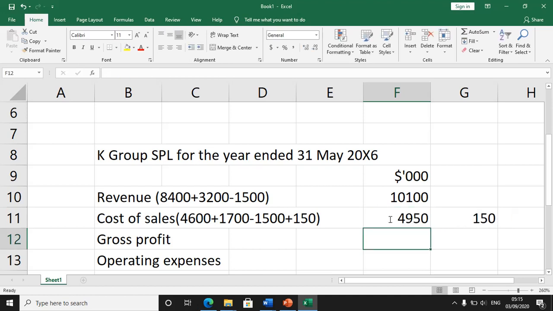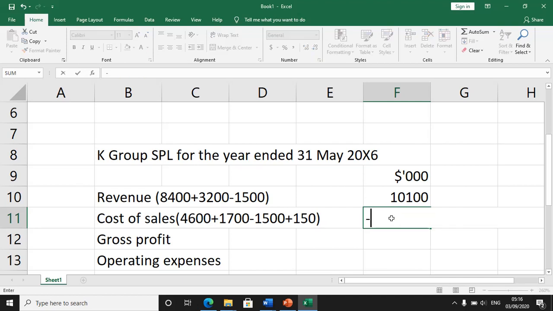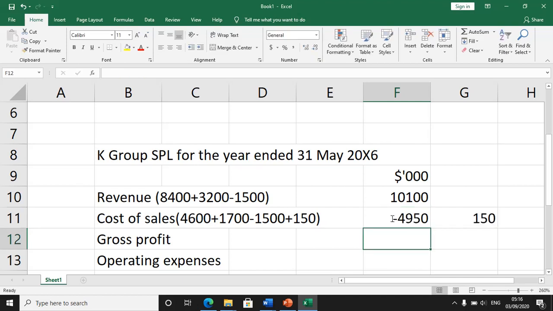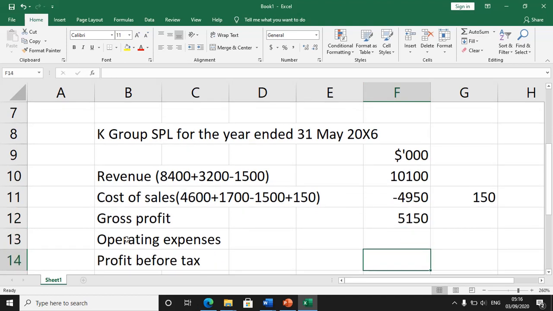Notice that the 15 comes out on both counts. So the answer is 4950. I'll write this one in brackets so we can easily deal with the outcome. Right, let's progress to the next one.